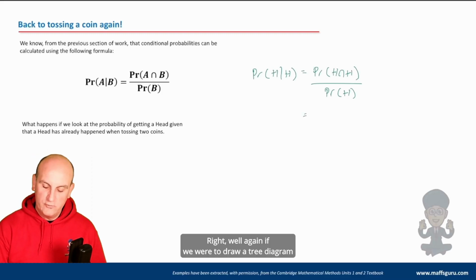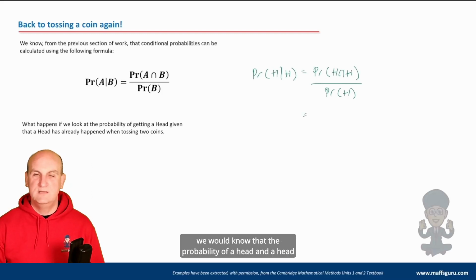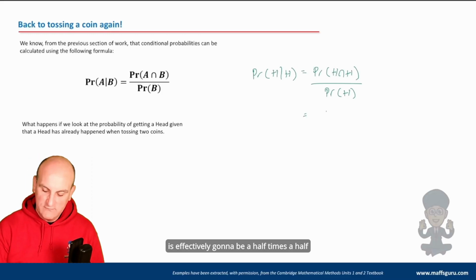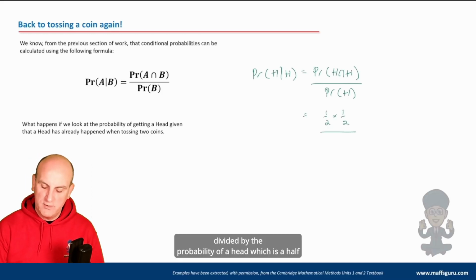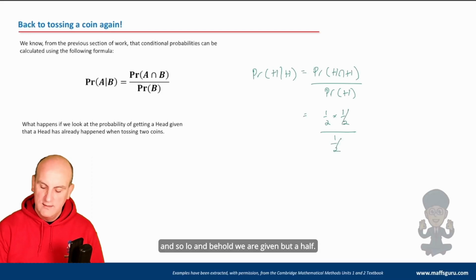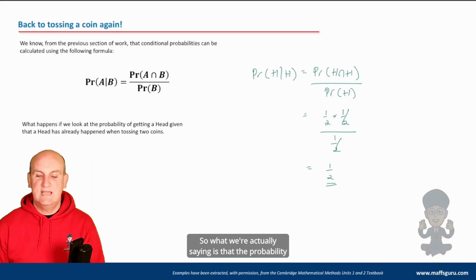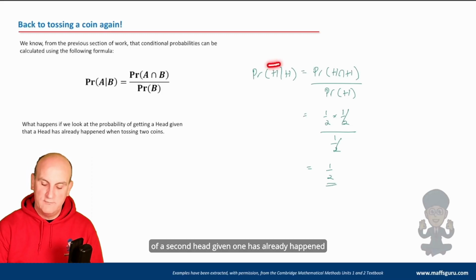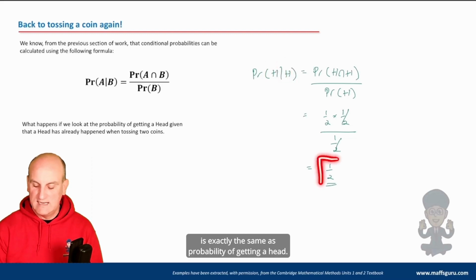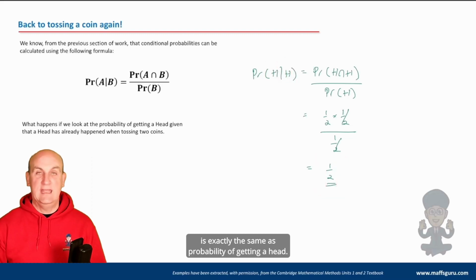If we were to draw a tree diagram, we would know that the probability of a head and a head is a half times a half, divided by the probability of a head, which is a half. And so lo and behold, we are given a half. So what we're actually saying is that the probability of a second head, given one has already happened, is exactly the same as the probability of getting a head.